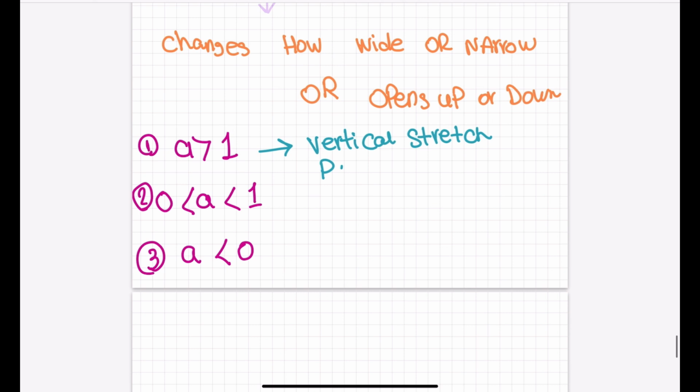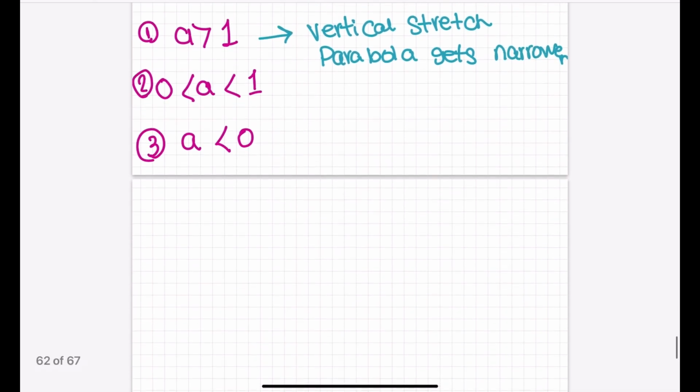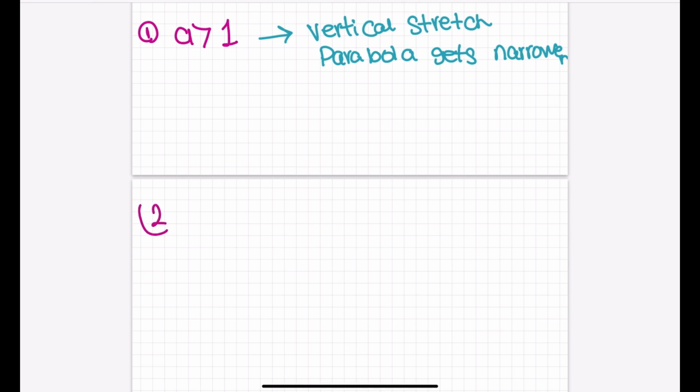Your parabola gets narrower. I'm going to delete these two so I have space for all of them. If a is less than 1 but greater than 0, what happens?